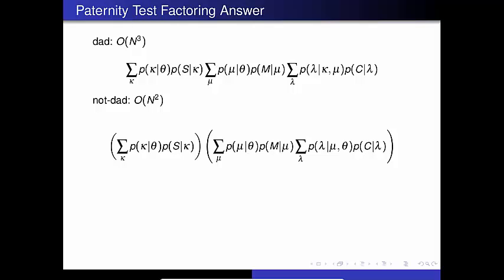That means they can just factor outside of the summation over lambda and mu, and that brings down our computational complexity. Over here we've got a one-dimensional object, and over here a two-dimensional object. In big O notation, if we add a one-dimensional object and a two-dimensional object, our computational complexity is still just two-dimensional, so order n squared. Any questions about this factoring and the computational complexity that we get?